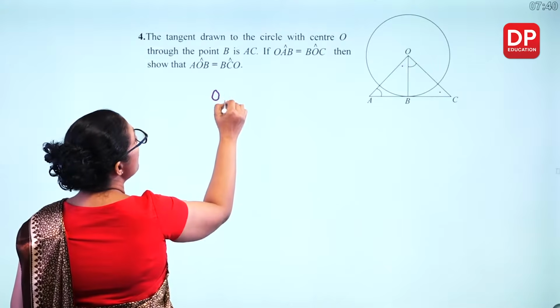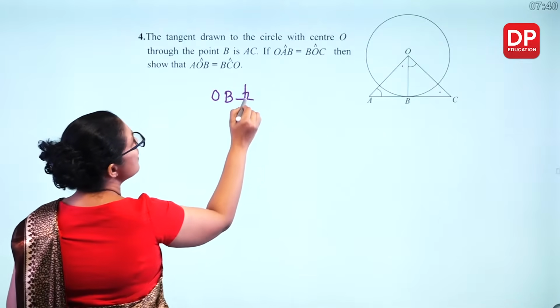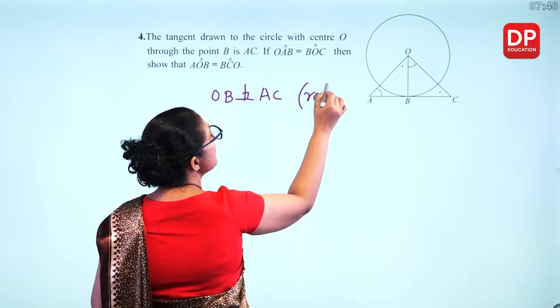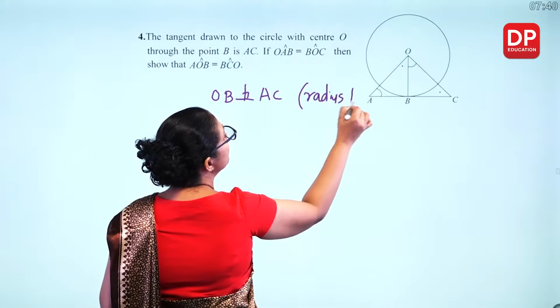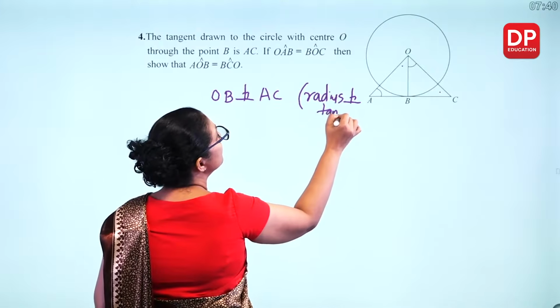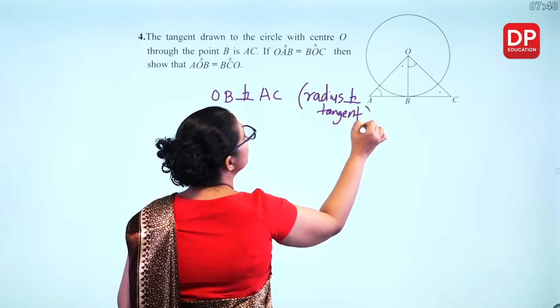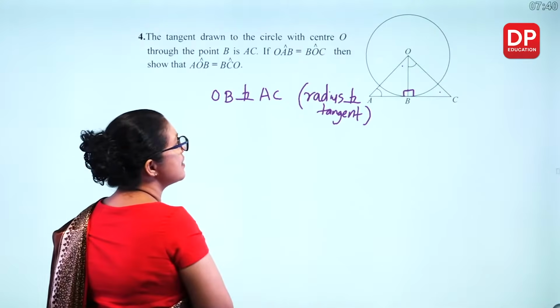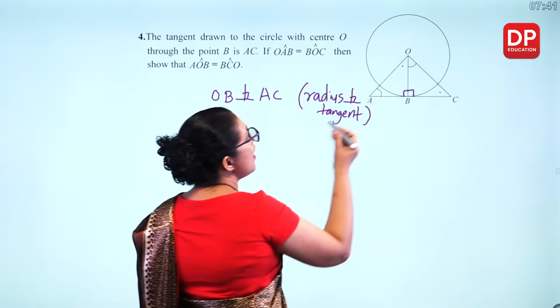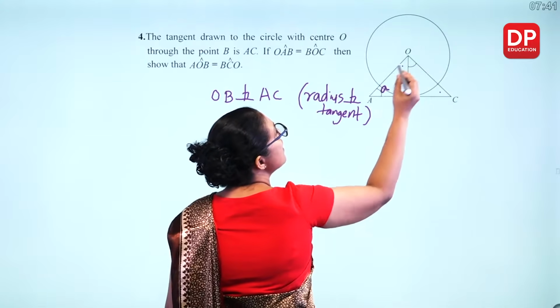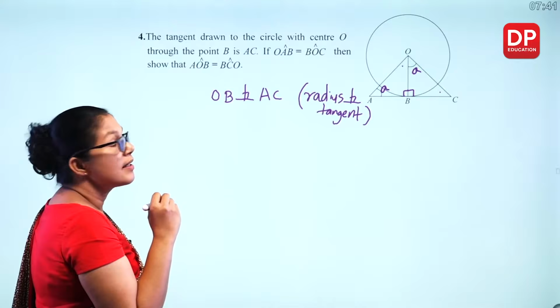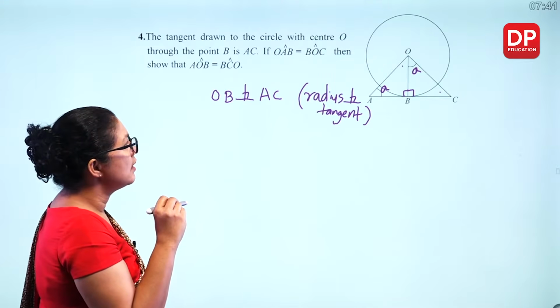We can write down OB is perpendicular to AC according to the theorem. So this is 90 degrees. I'll put this one as A and this is also A, because these two angles are given equal.